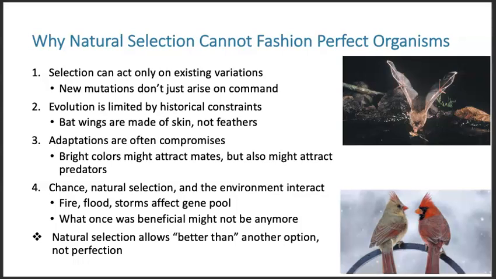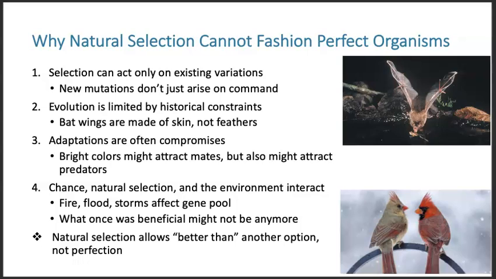Number one, selection can only act on existing variations. What this means is that mutations don't arise on command. You can't just say, hey, it would be great if I had this feature, and then force a mutation and then get that feature. It doesn't work that way. So natural selection is limited to whatever currently exists in the population.